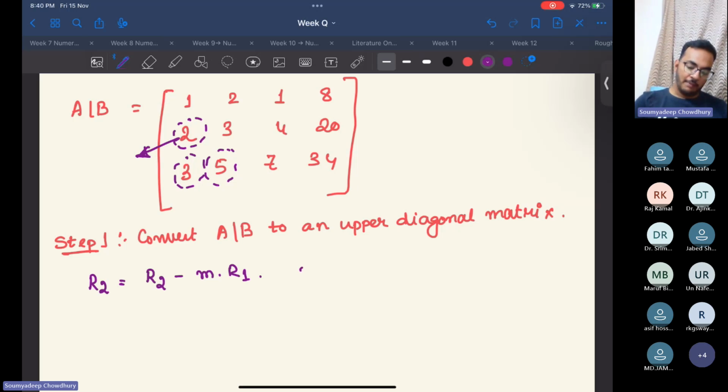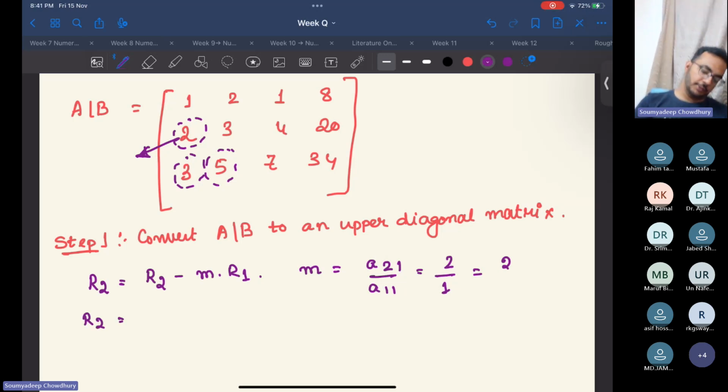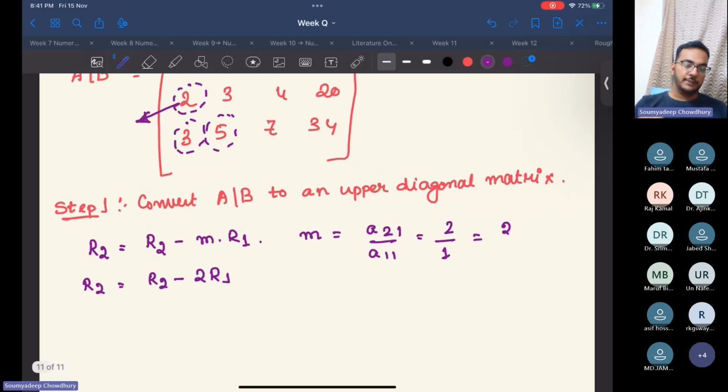What should this M be? M will be A21 by A11, which is 2 by 1. So basically you have to perform this operation, R2 equals R2 minus 2R1, in all the elements of the second row.